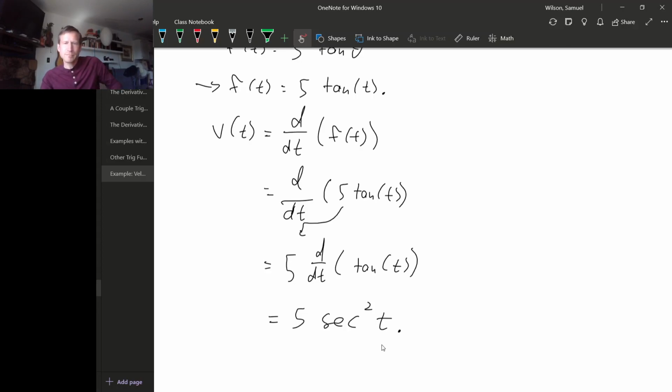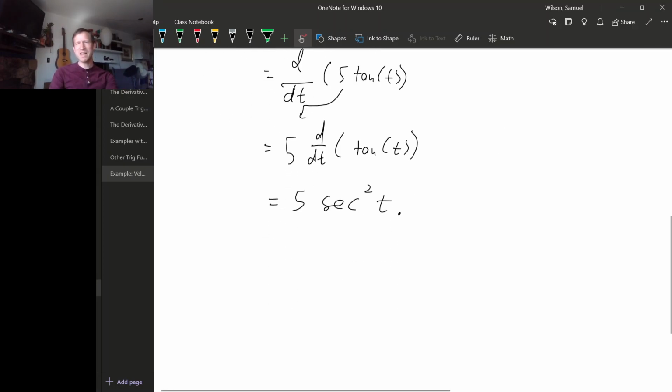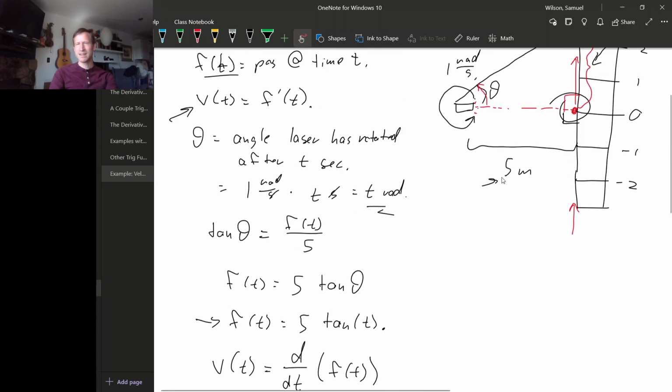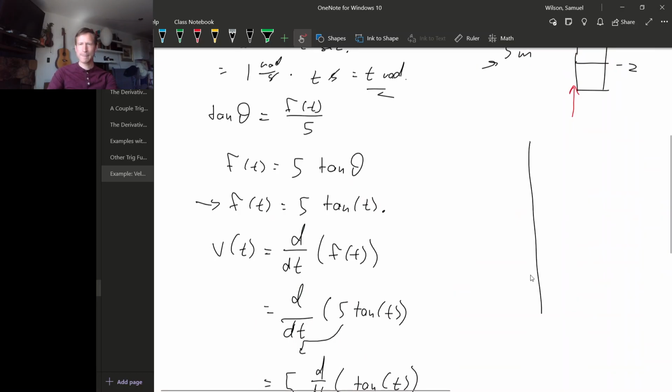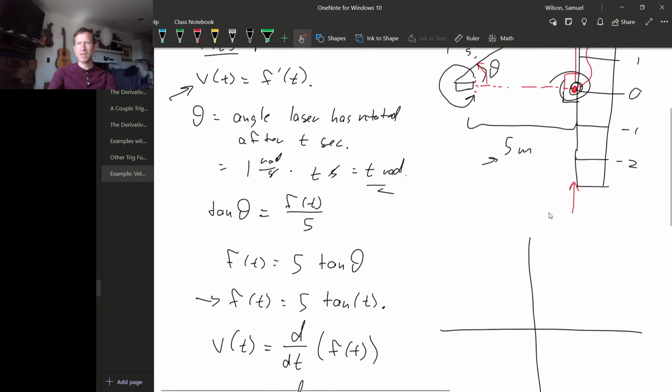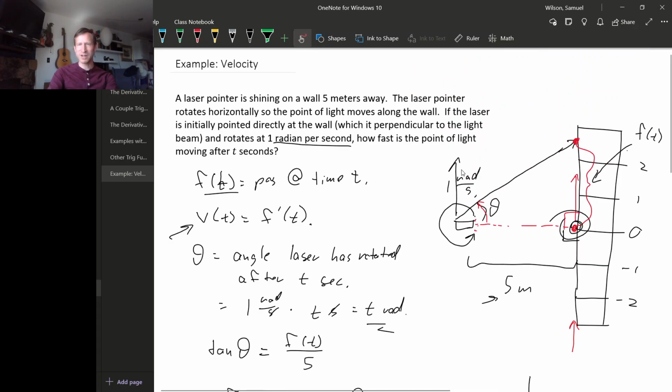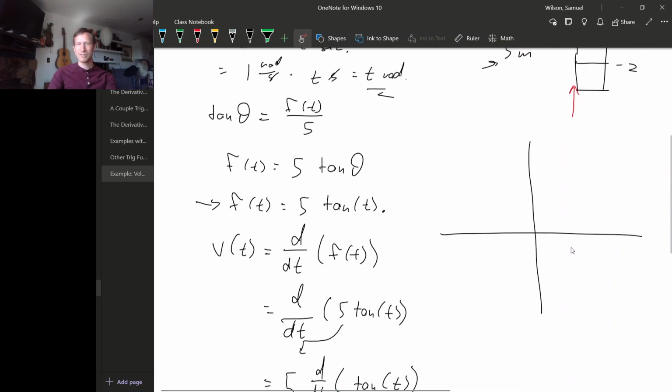All right. So why does this make sense? Well, if you imagine what the position of this point is going to look like, remember that when the laser pointer is pointed this direction, that's an angle of pi over 2, and the laser actually isn't going to be hitting the wall at all. So at pi over 2, something funny is going to happen.